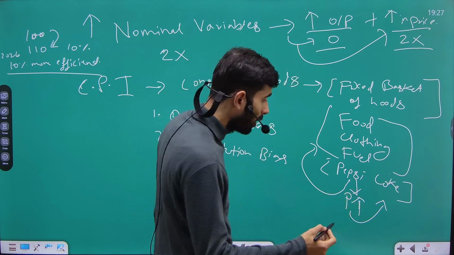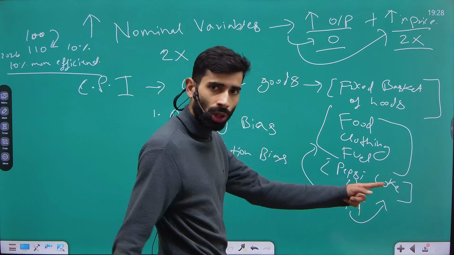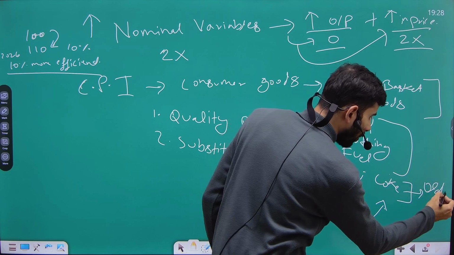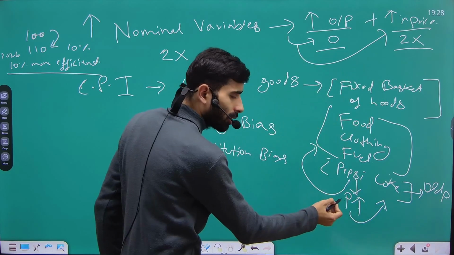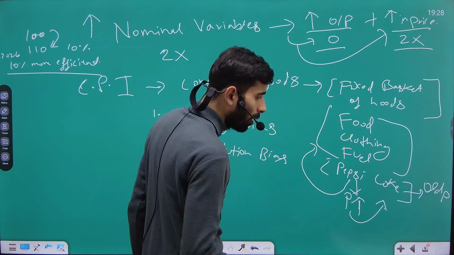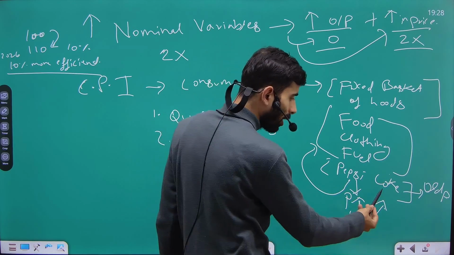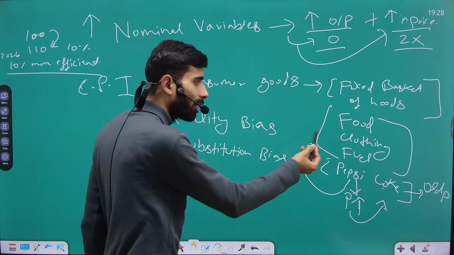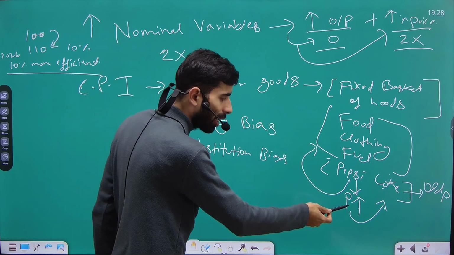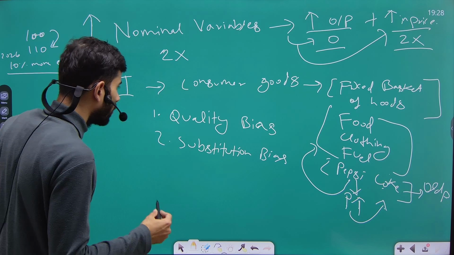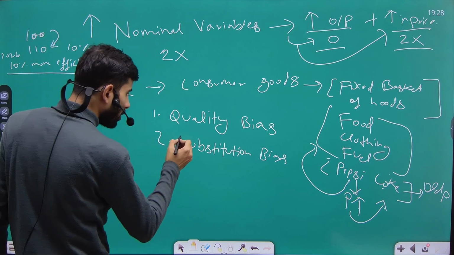Eventually consumers are consuming Coke, which is still selling at the old price, and Pepsi is selling at the new price, but no one is purchasing Pepsi. Most consumers are purchasing Coke at the old price. But our CPI shows that due to the rise in the price of Pepsi, the average level of CPI is also rising, which is very dubious and misleading.